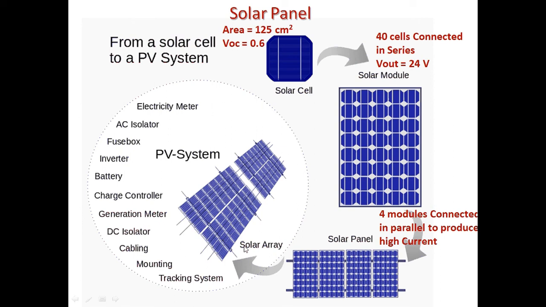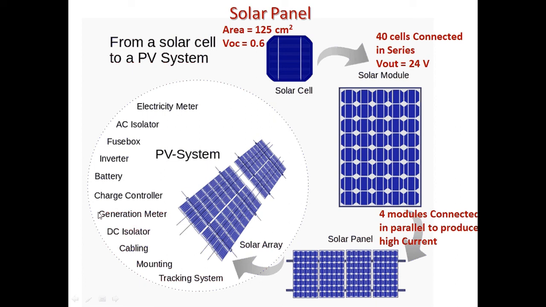A solar panel is also connected with a lot of accessories. You can see all these accessories around this place. Obviously you require inverters to convert from DC to AC, and then you require batteries to store the energy. There are cables connecting it. There is a tracking system; some places use a tracking system to track the sun as well.